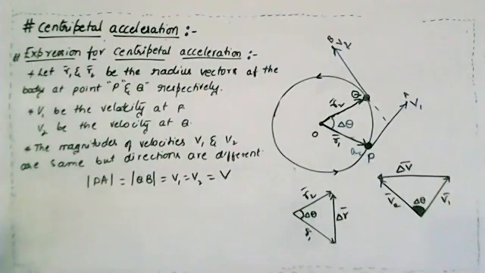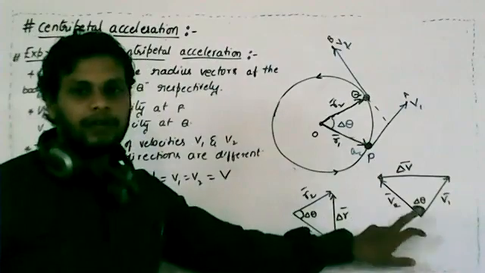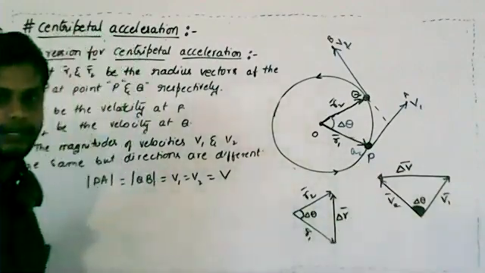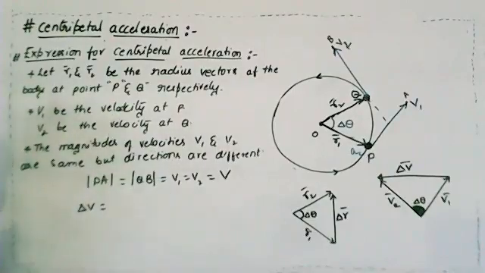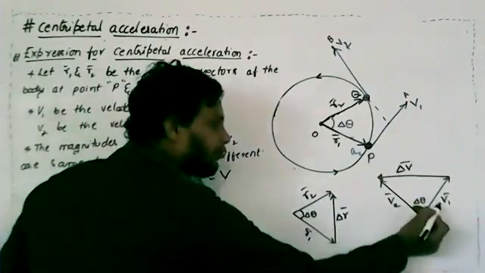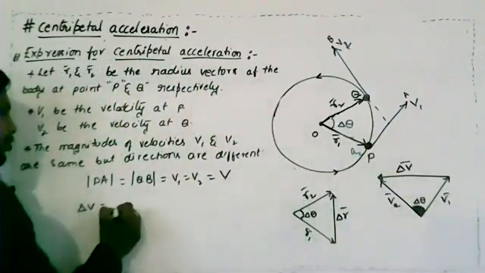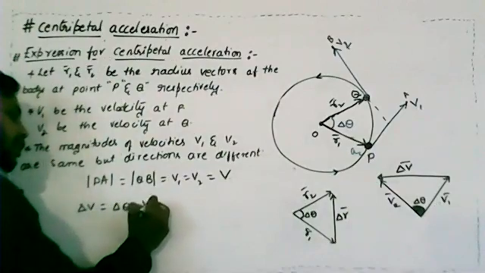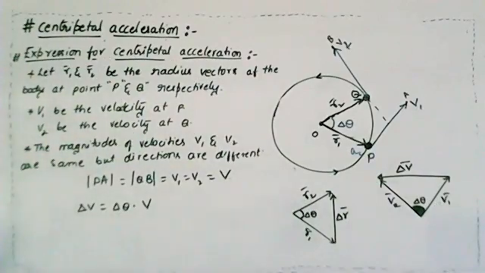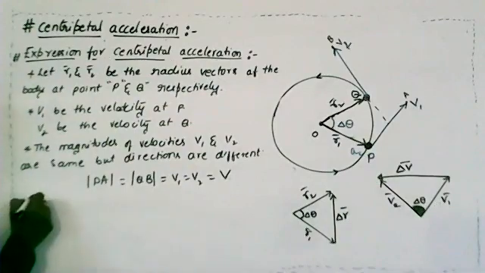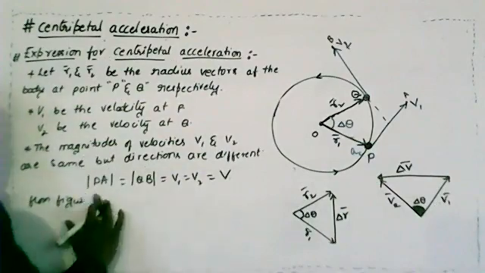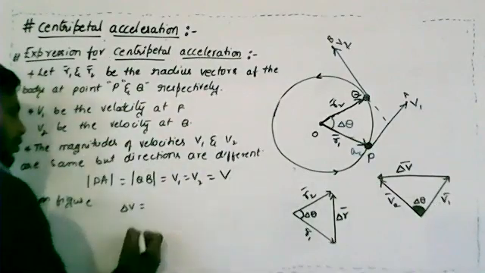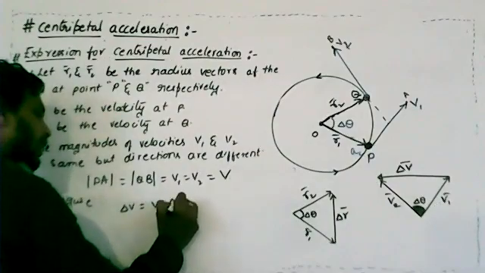Therefore, if you consider this triangle, from the figure you can say that the arc length delta v is equal to v1 into delta theta, but v1 is equal to v, so delta v equals v into delta theta.